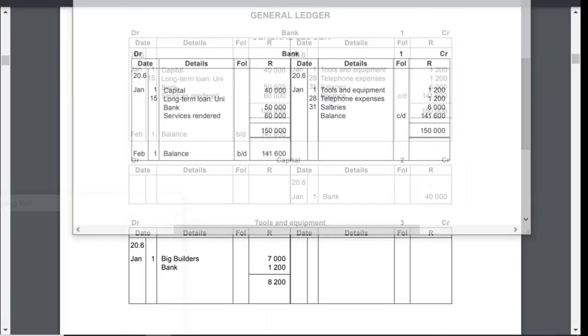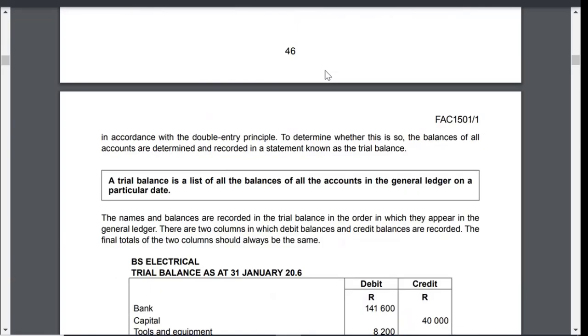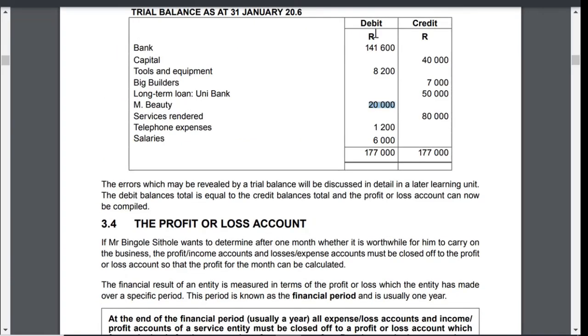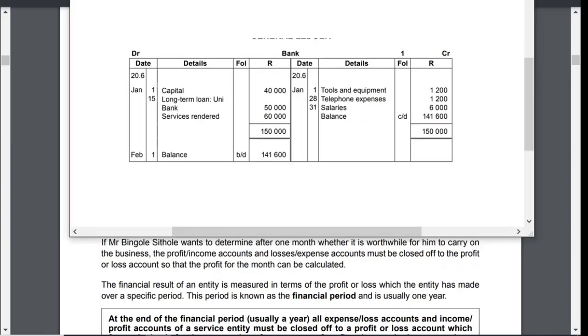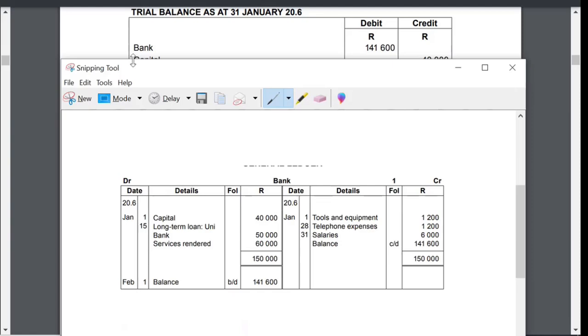So I'm just going to show you where these are coming from. This is the bank account. Let's look at the trial balance. That's 141,600. Can you see where it's coming from? On this general ledger, the bank account is on the debit side, and the balance on the trial balance is also on the debit side.